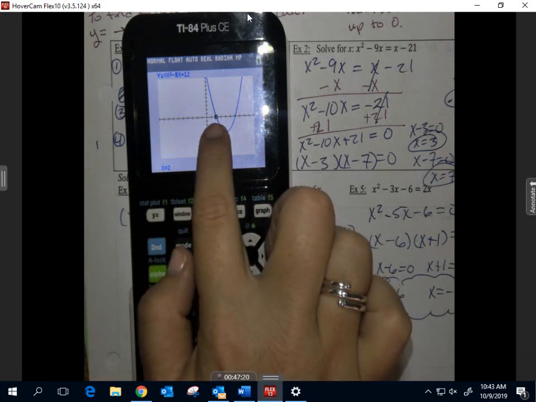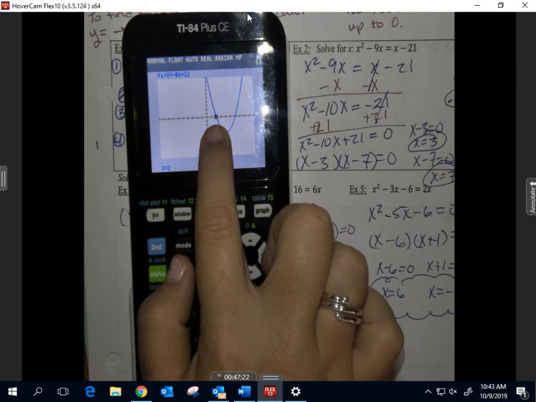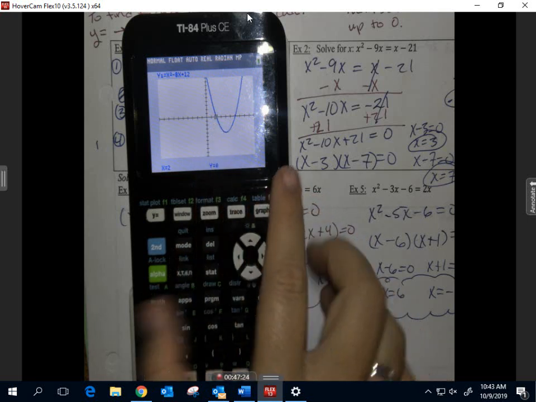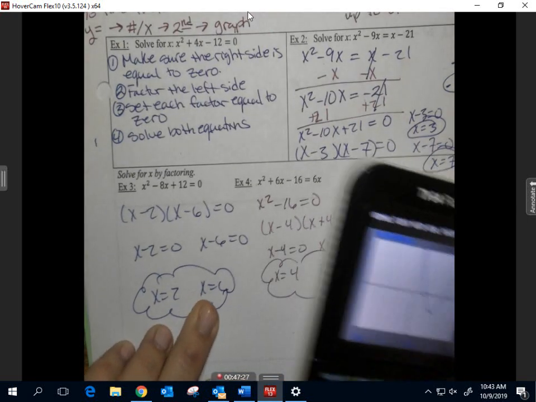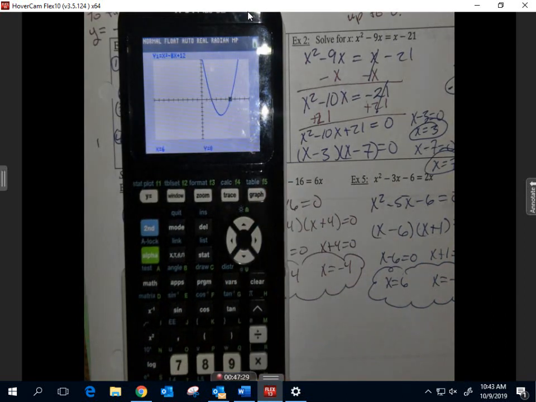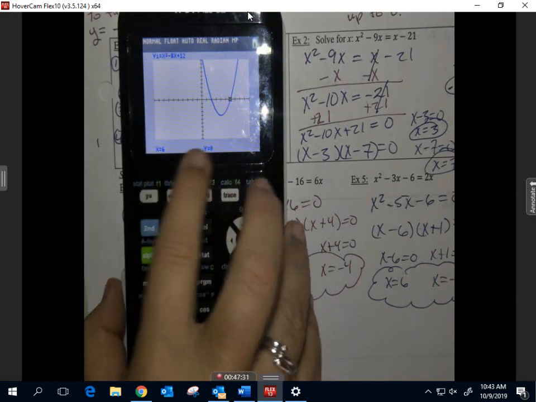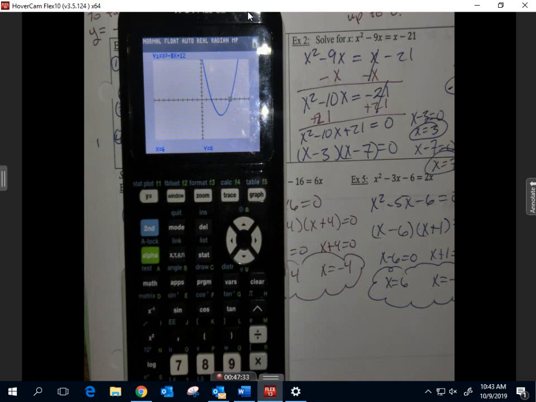And look here, it's on the x-axis. It's my x-intercept. And then I got x equals 6. So if I type in 6, enter, x equals 6, y equals 0, and it's also the point on the x-axis. So the reason why we have 2 answers is because this parabola is crossing the x-axis twice.